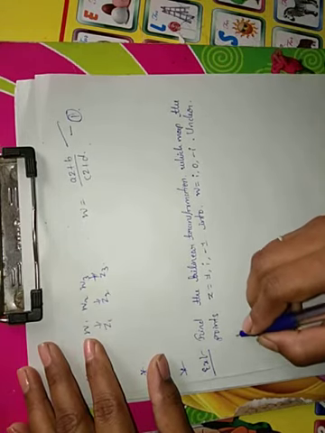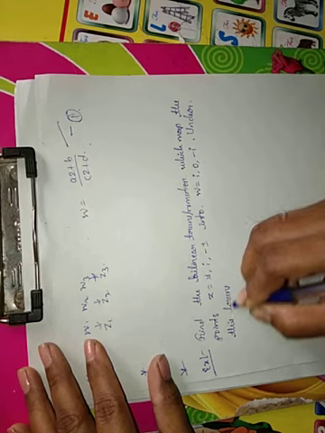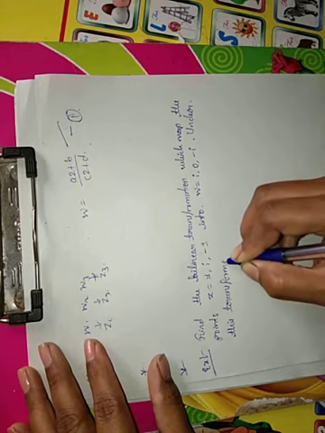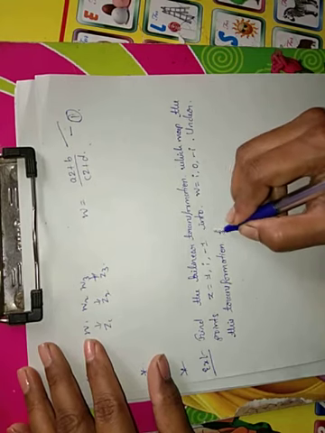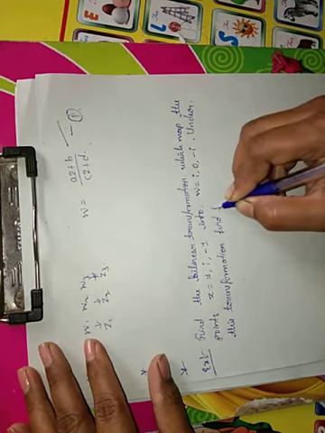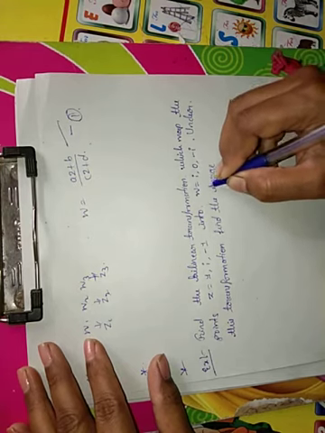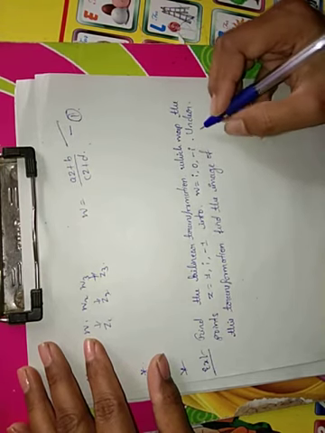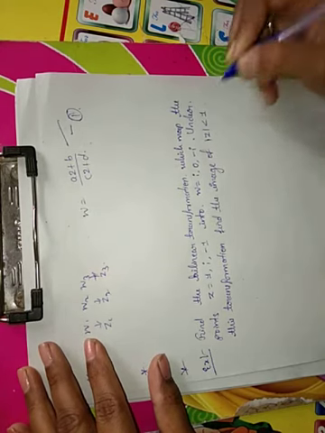Under this transformation, find the image of mod Z less than 1.